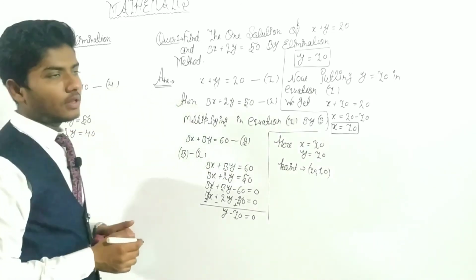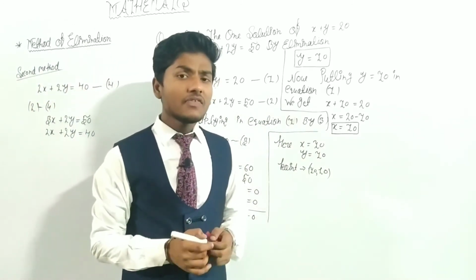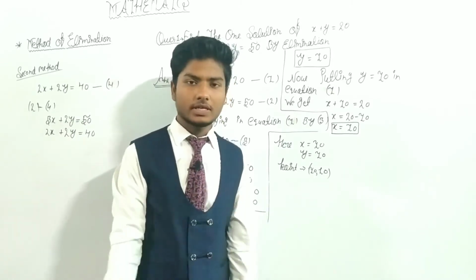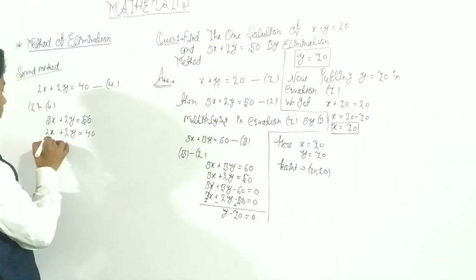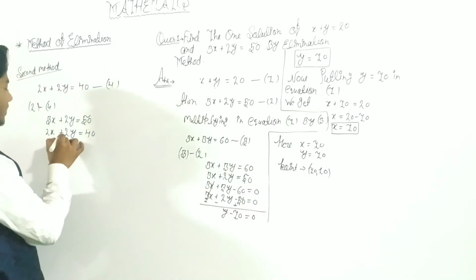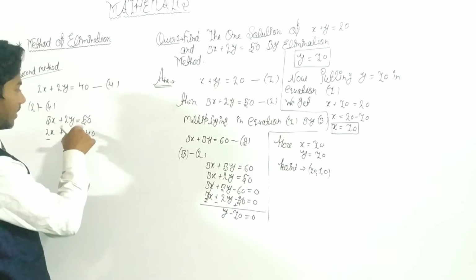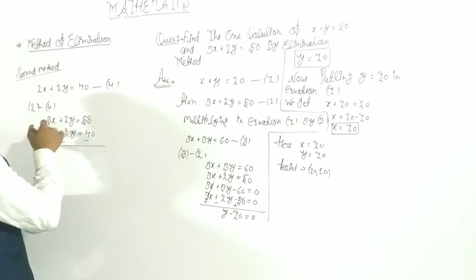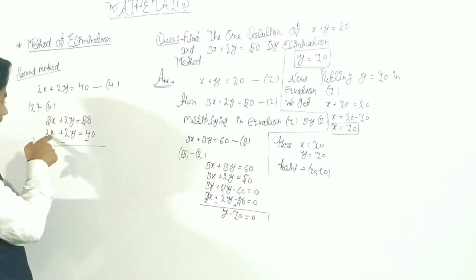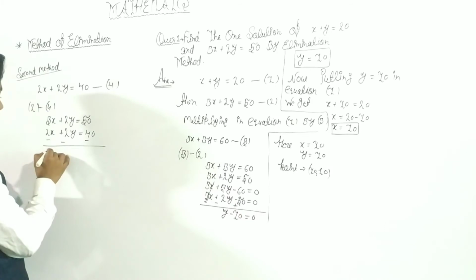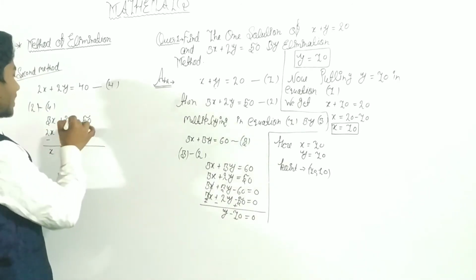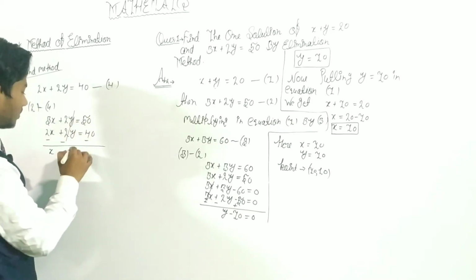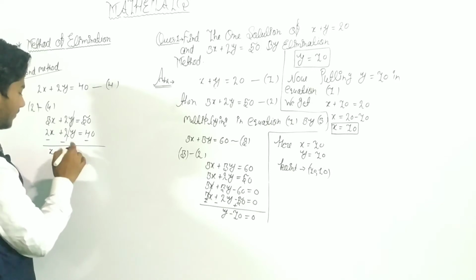Now we know that if I subtract two equations, then the signs of that equation will be changed. Plus changes into minus, plus changes into minus. 3x subtracted by 2x, then we get only x. 2y cancels 2y, and 50 subtracted by 40, then we get 10.